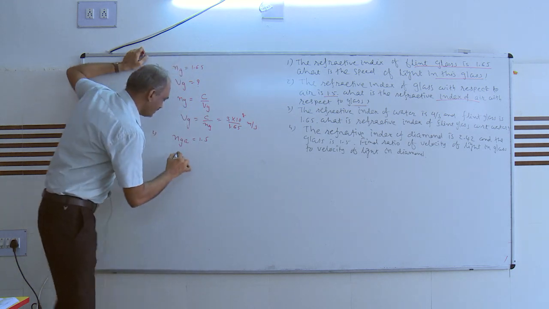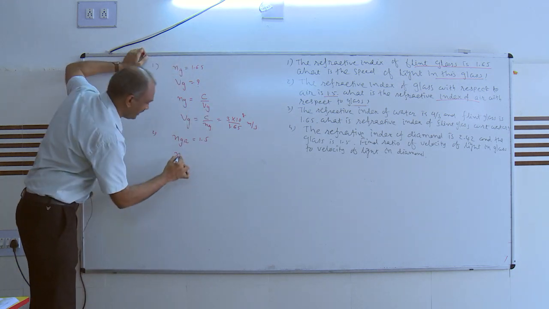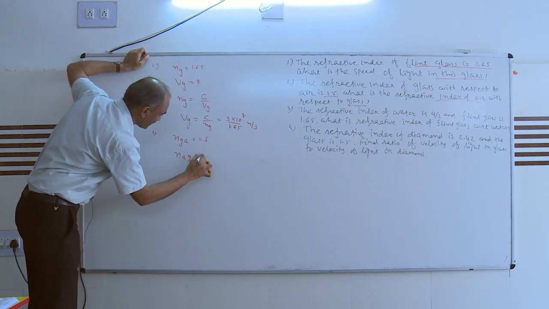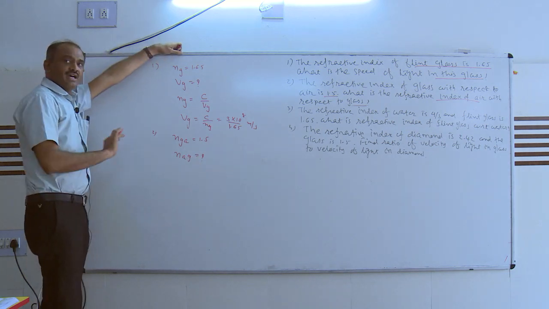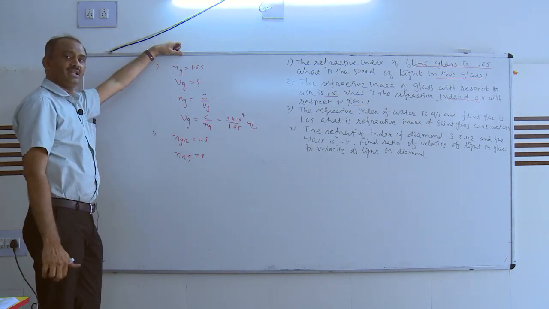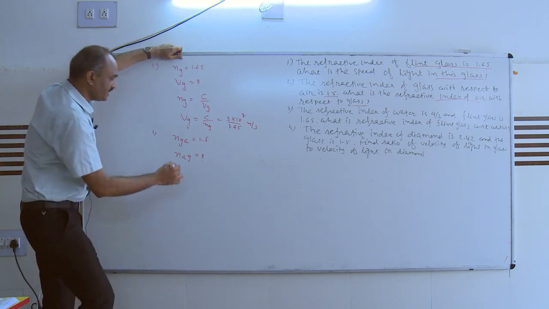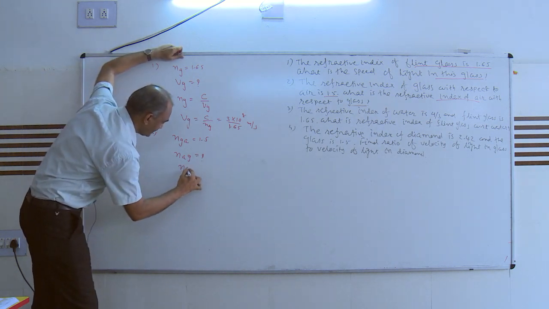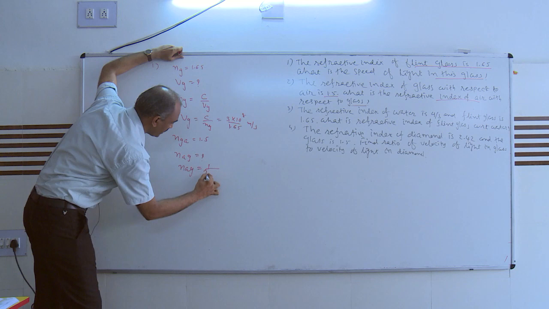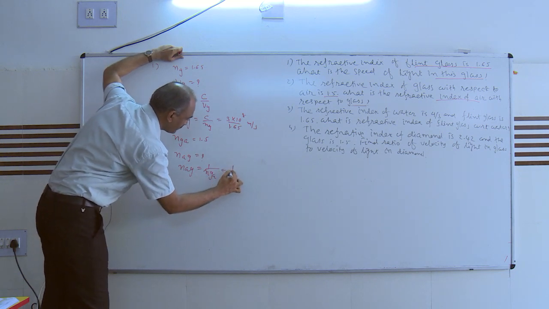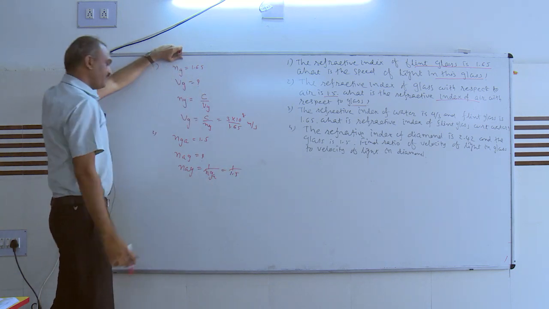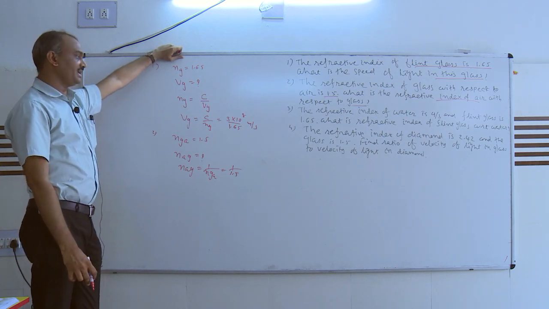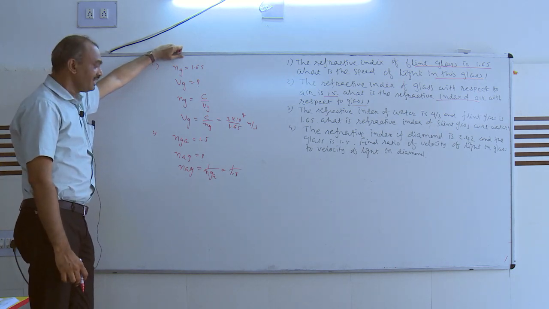We have to find the refractive index of air with respect to glass. As we have seen, the relative refractive indices are reciprocals of each other. So NAG is equal to 1 upon NGA, so 1 upon 1.5 is the refractive index of air with respect to glass.